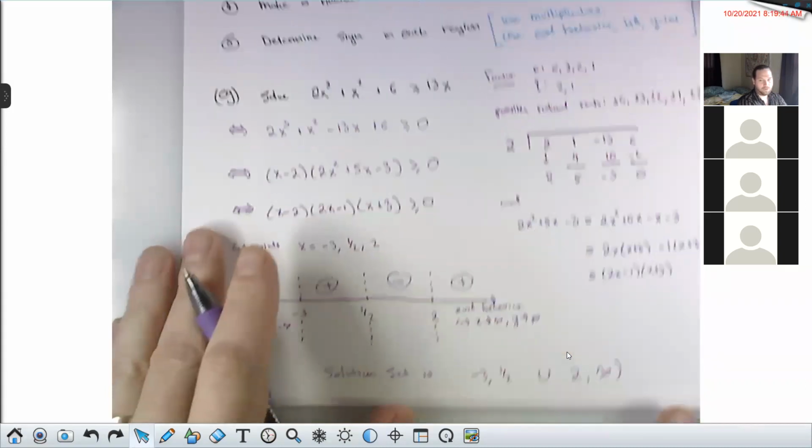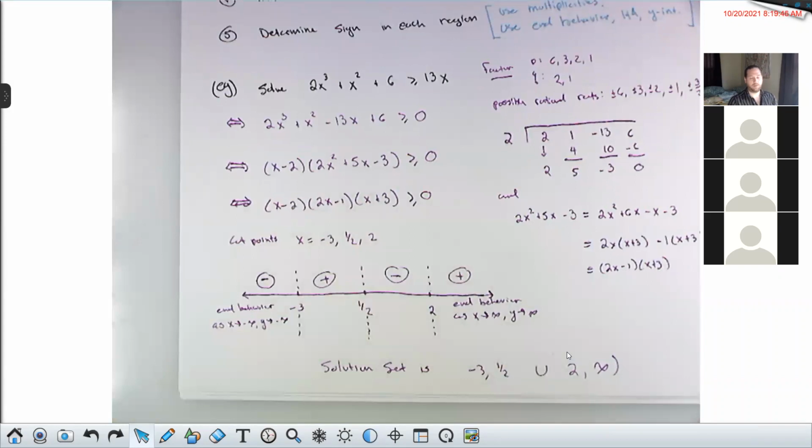Infinity always gets a parenthesis. This is a greater than or equal to 0. And at each of these numbers, -3, 1/2, and 2, this function is equal to 0, right? Those are the roots.